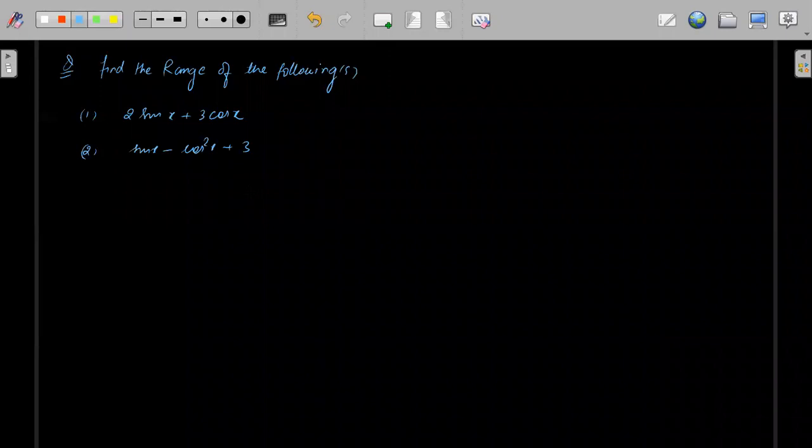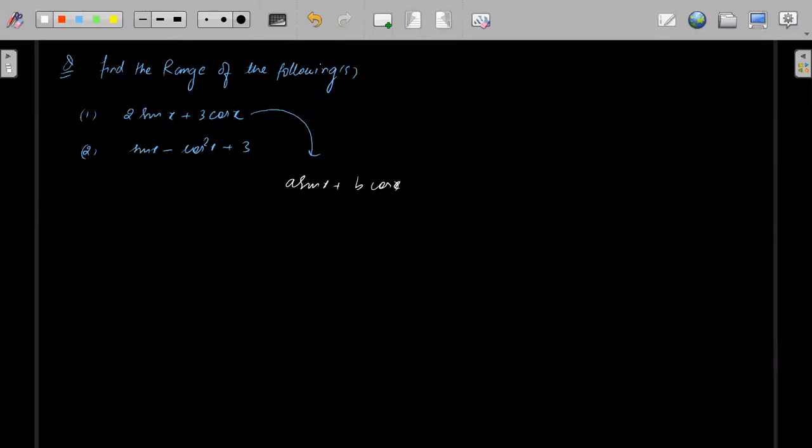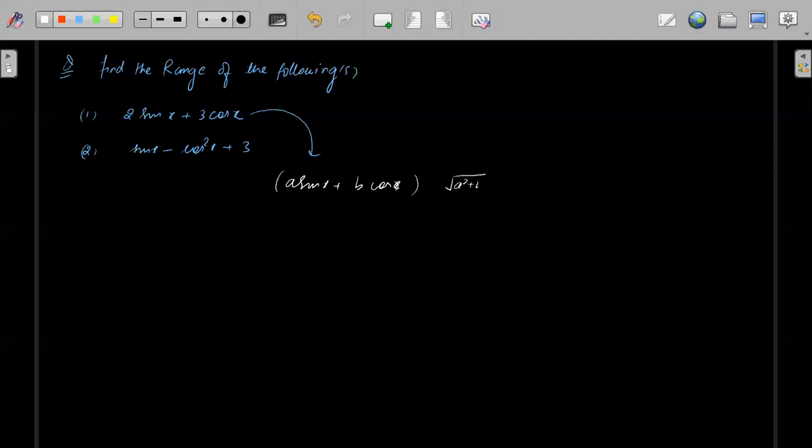Okay, plus minus root 13. So the first one, let's see the first one. If I try to solve, we can compare this with a sine x plus b cos x. Now to find the maximum and minimum value, we can divide and multiply this with root of a square plus b square.